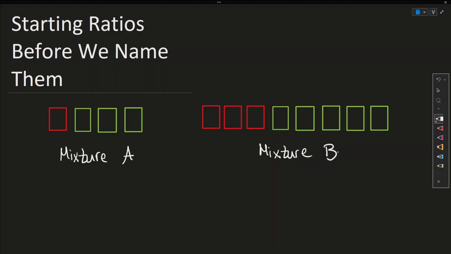Mixture A has 1 cup of red punch for every 3 cups of soda. Mixture B has 3 cups of red punch and 5 cups of soda. Mixture B has more red punch, but it does not have 3 times as much soda.